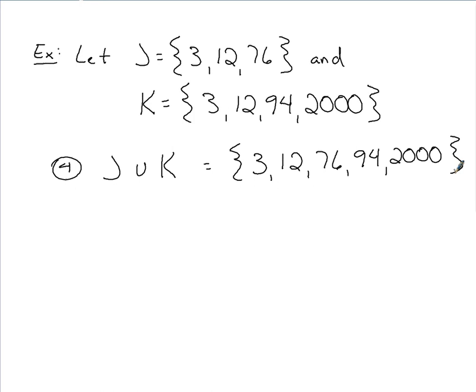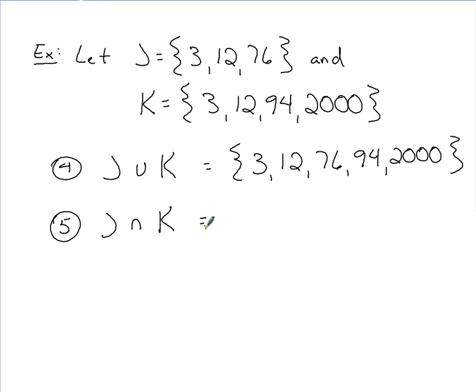Now, somewhat on the flip side would be an intersection. So we take this little U symbol, we flip it over, and now we're talking about the intersection between these two sets J and K. The intersection is a little more restricted.